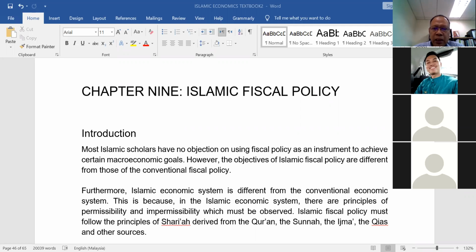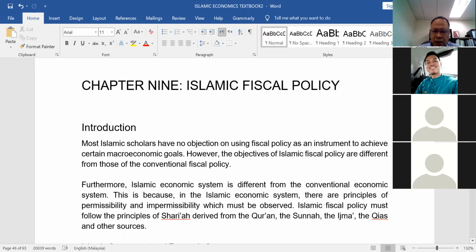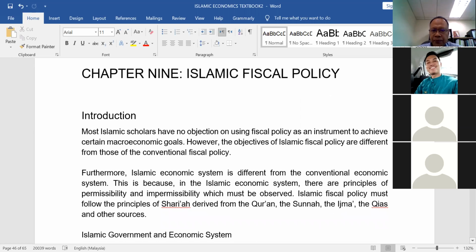However, the objectives of Islamic fiscal policy are different from the objectives of the conventional fiscal policy. Furthermore, Islamic economic system is different from the conventional economic system, like we discussed before.